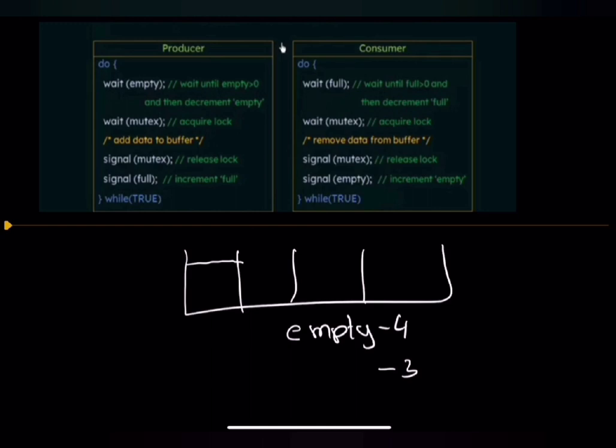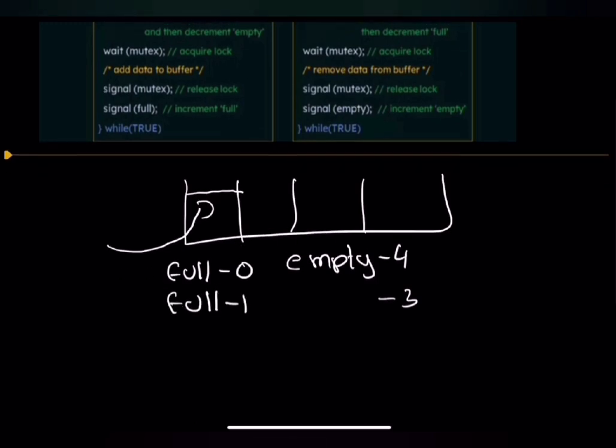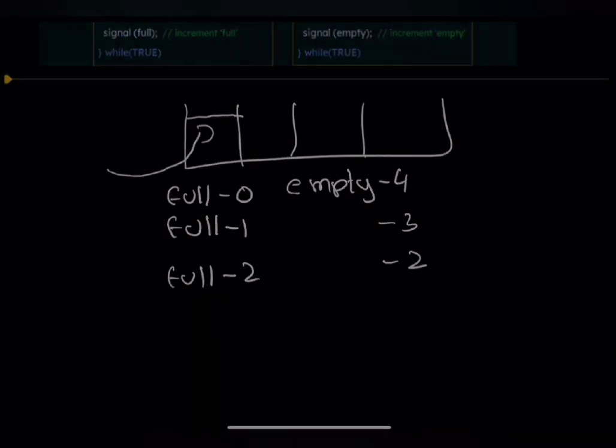Now the producer adds the data, and then the lock is released using the signal call. Initially the value of full is 0, and using the signal call we increment it, so full becomes 1. This is how the producer functions. This process repeats, where the value of empty decreases and the value of full increases.